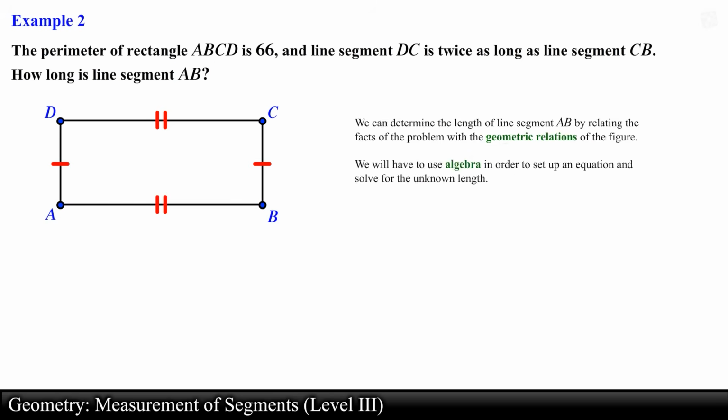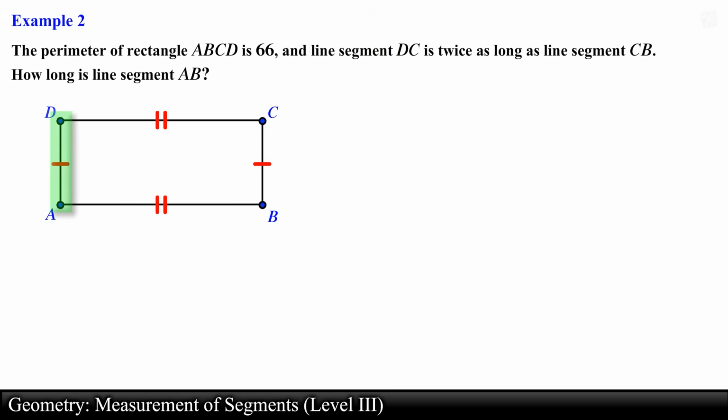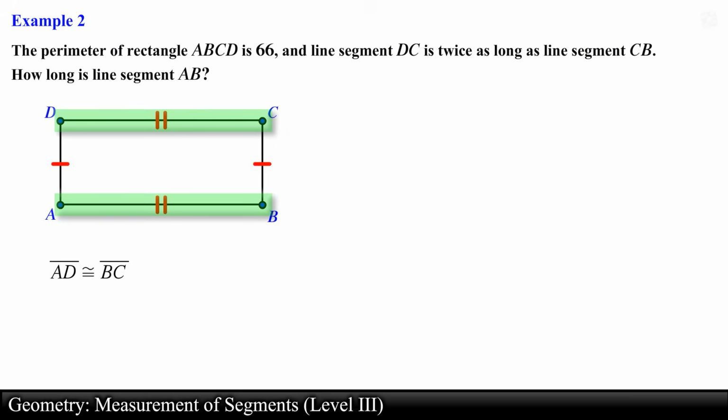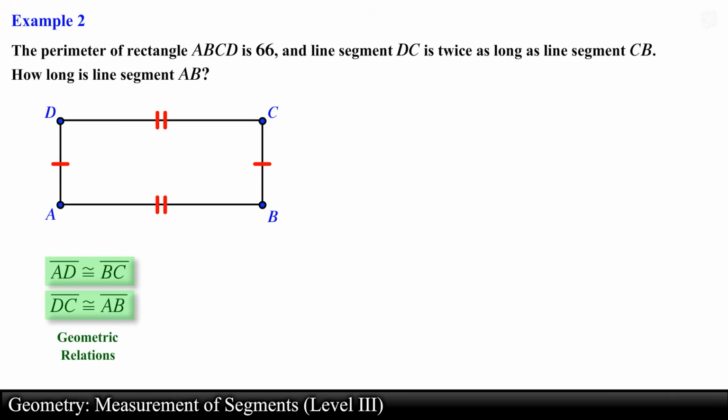From the figure shown, we know that line segment AD and line segment BC are congruent because both segments have matching single tick marks. In the same manner, line segment DC and line segment AB are congruent because both segments have matching double tick marks. Recall that when 2 line segments are congruent, they have the same length or have the same measurement.